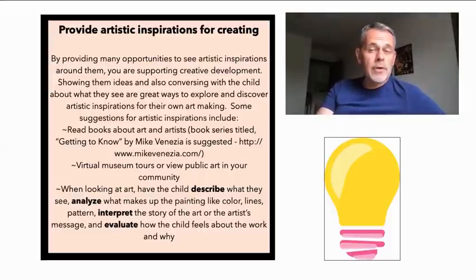I would also encourage you to have adults, as the children are looking at art, to be thinking about and then talking about the work. And you might be familiar with this process if you were a college student back in the 80s when we were studying DBAE art education, discipline-based art education. And this was a process that still has validity today.